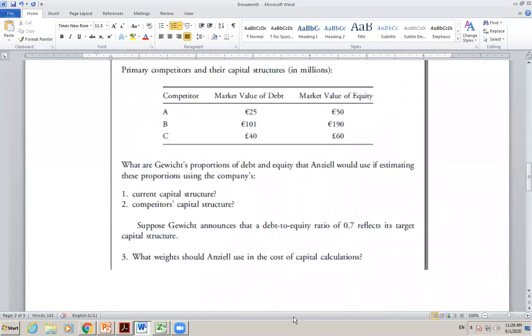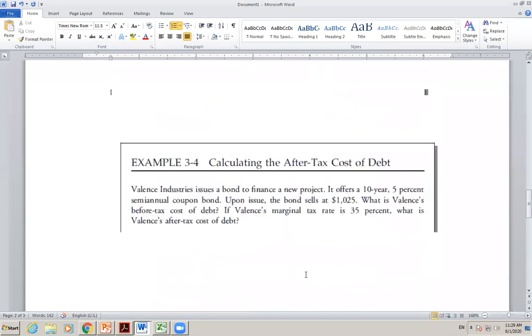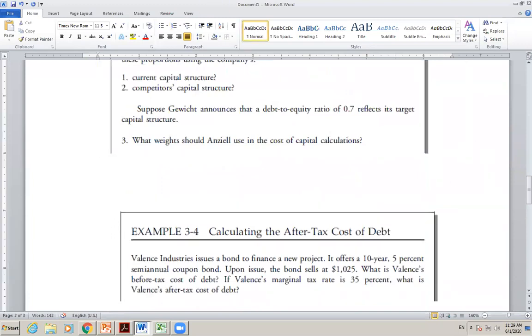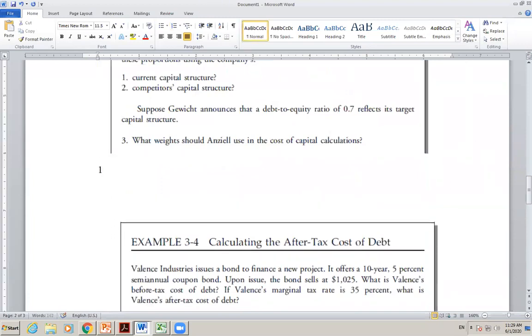So first of all, to answer the first question, the current capital structure is straightforward. We'll divide the debt by total assets, then equity by total assets. And total assets is debt plus equity, actually.